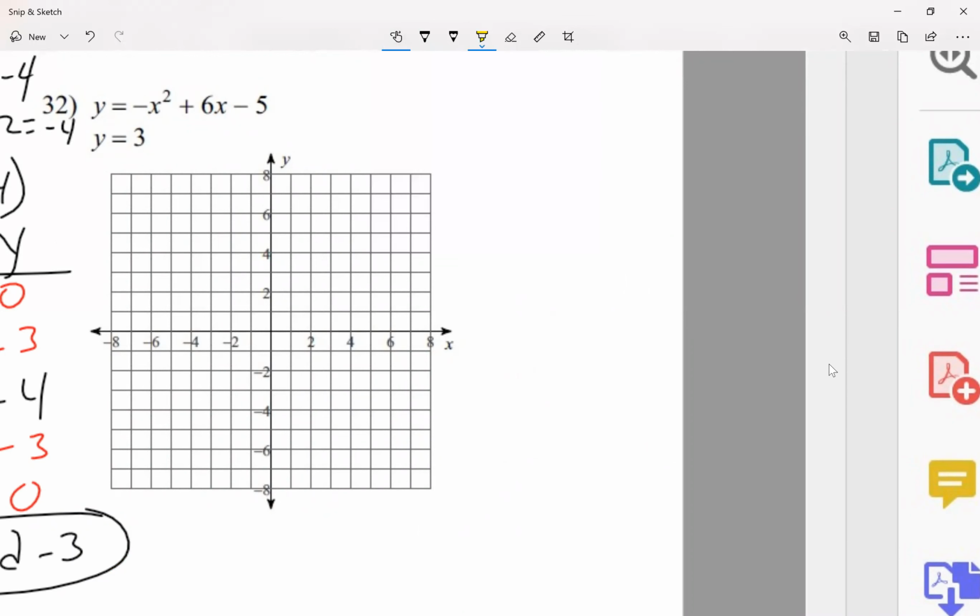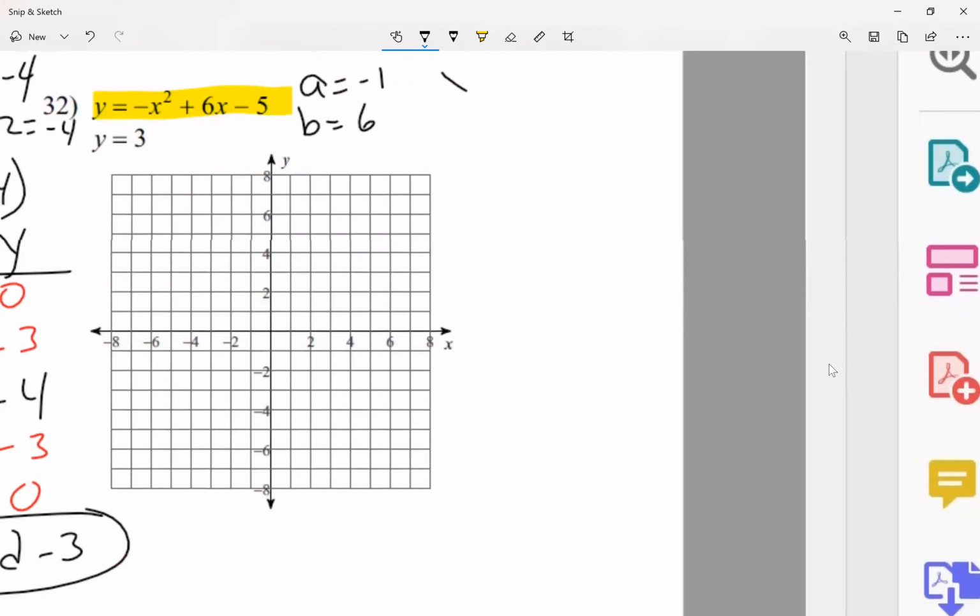I'm looking at the first equation: y equals -x squared plus 6x minus 5. My a value is -1. My b value is 6. My x coordinate is -b over 2a. So I have -6 over -2, so +3. That's my x value.